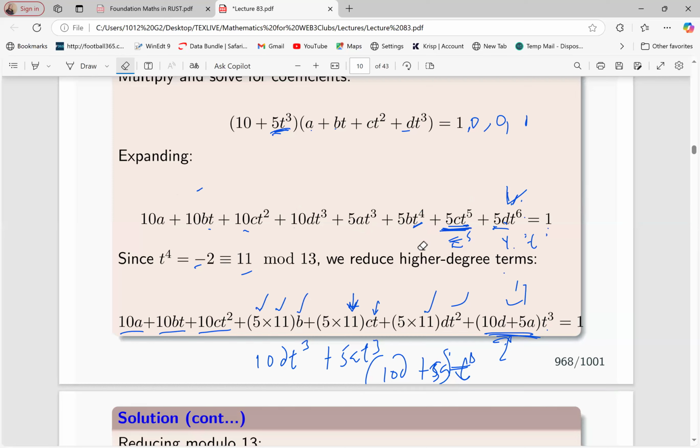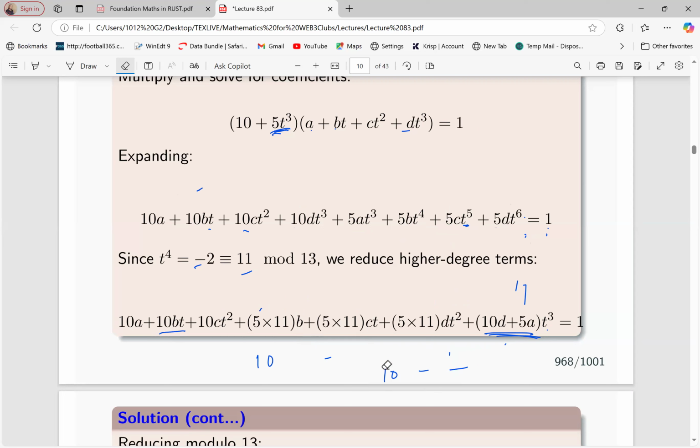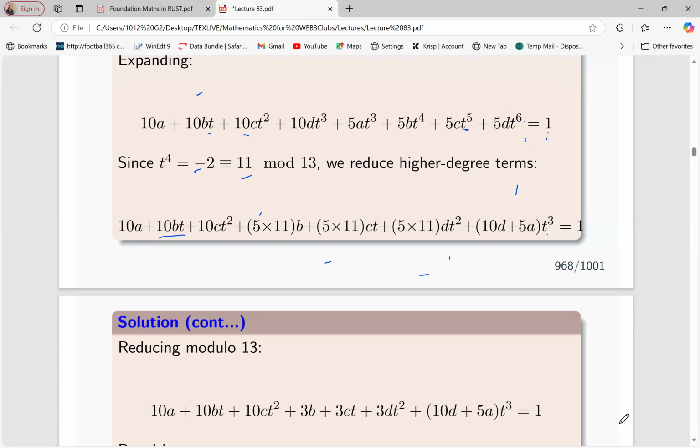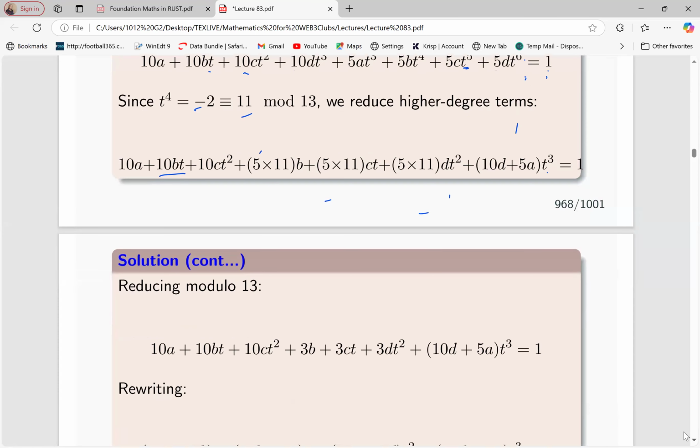What then follows is to reduce the coefficients. Those that go beyond 13, we reduce them mod 13, as we've always done. So the first three constants have not gone beyond 13: 10, 10, 10.